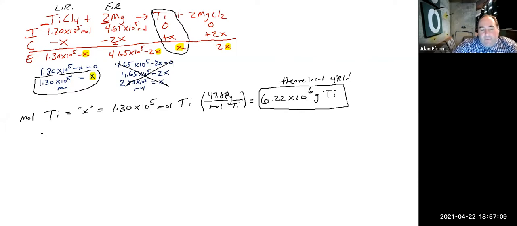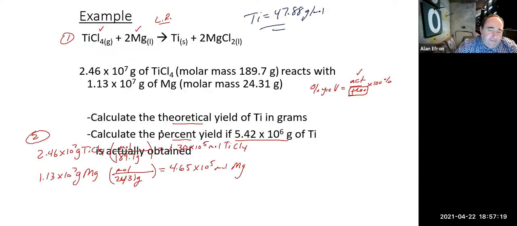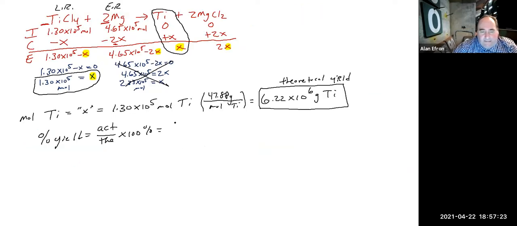To calculate our percent yield, we would take the actual divided by the theoretical times 100%. So remember, our actual was given to us in the problem. Is that 5.42 times 10 to the 6 divided by our theoretical that we just calculated, 6.22 times 10 to the 6 times 100%.